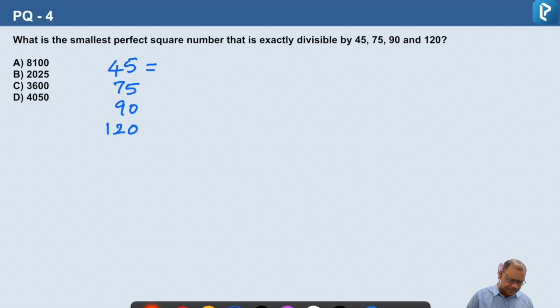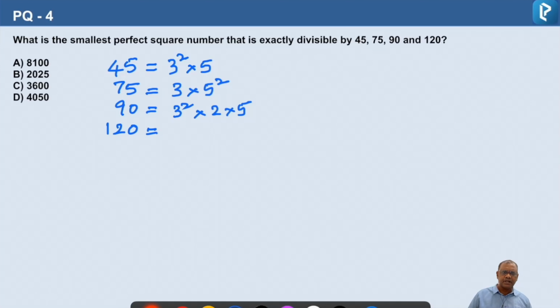So 45 is 9 into 5, 3 square into 5. And 75 is 15 into 5, so that is 25 into 3. 25 is 5 square. 90 is 9 into 10. 9 is 3 square. 10 is 2 into 5.